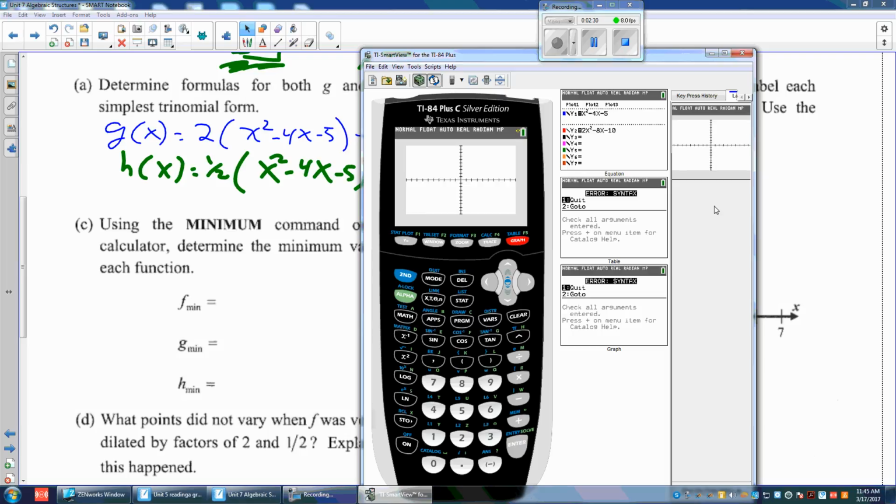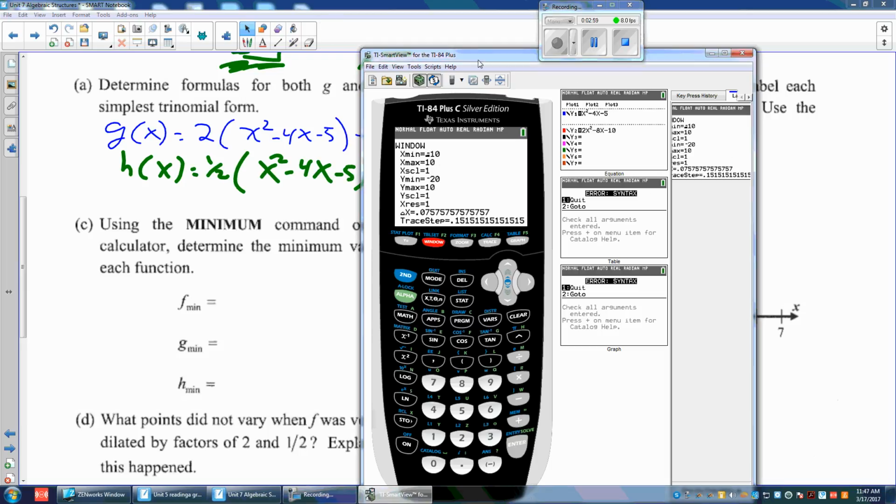And now, if I hit graph, look. The blue one is the original one. The red one is when it's twice. Looks like it goes down farther. And the half, the black one, is the smaller one. It's wider and doesn't go down as far. Interesting.